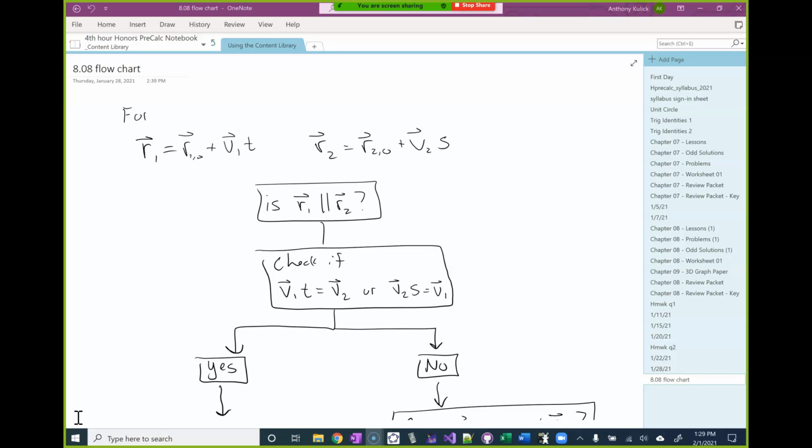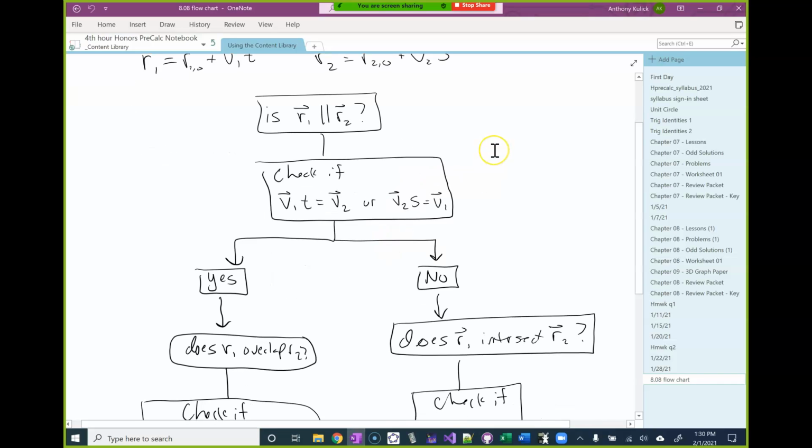Okay. So what I've done is we have 2 lines here. The first one R1, the second one R2. So the point vector I called r1,0, and the direction vector v1, and in the other line the point vector is r2,0 and the direction vector is v2. So the first thing we do is we check to see if the 2 lines are parallel.